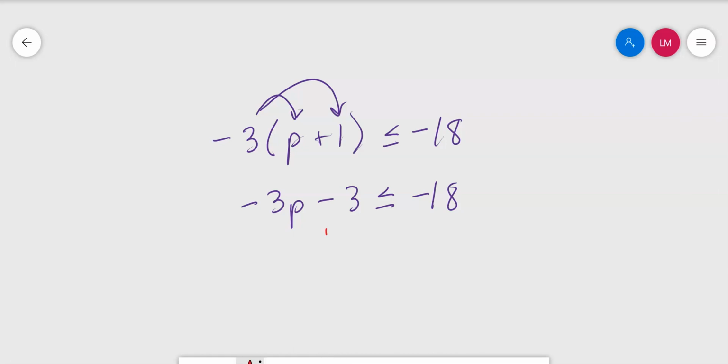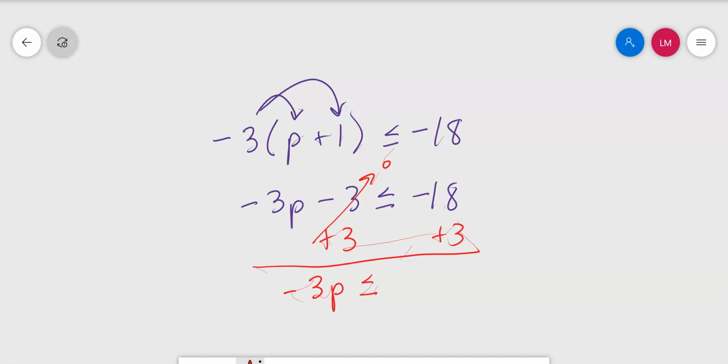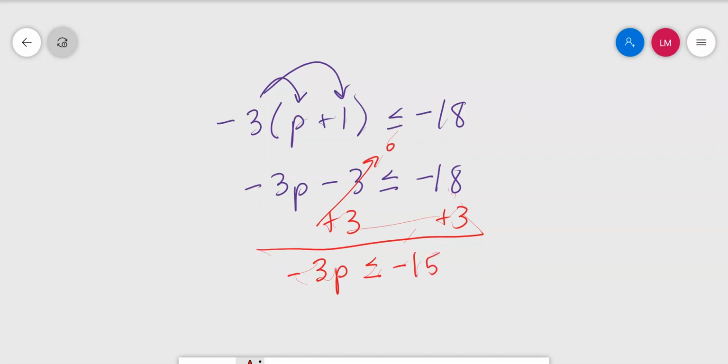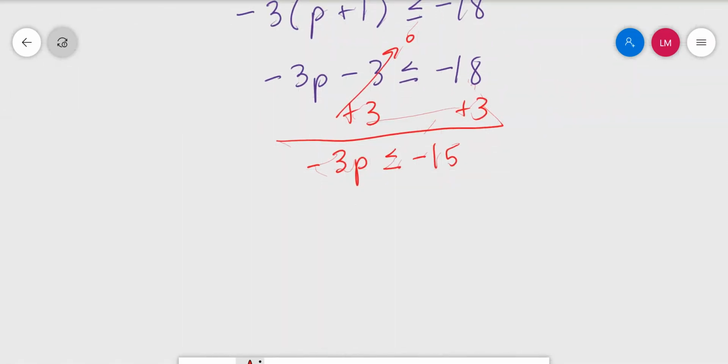So we're going to add 3, add 3. So I believe this is more than 2 steps. It's actually 3 steps because of the distributive property, but we'll just go with it. Now I have -3p. This is gone, less than or equal to -18 plus 3 is -15. So really they're trying to say that this was the first step, and here's the second step.